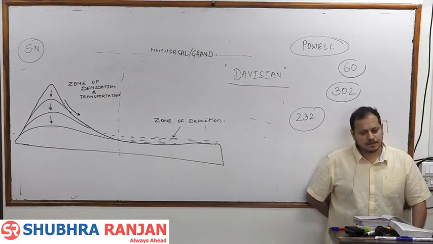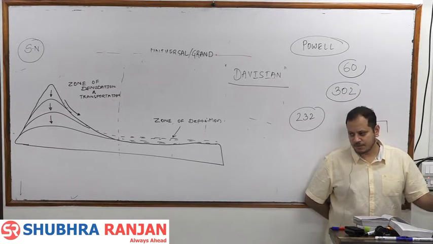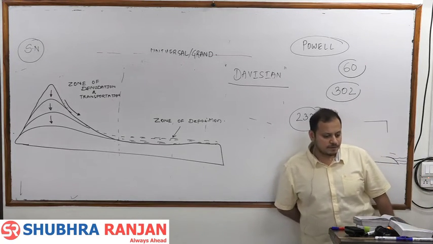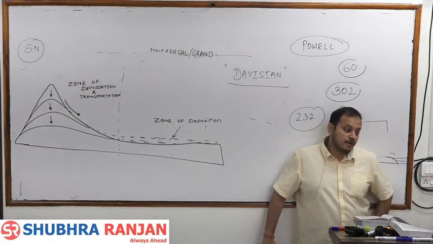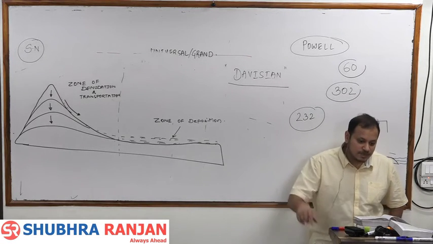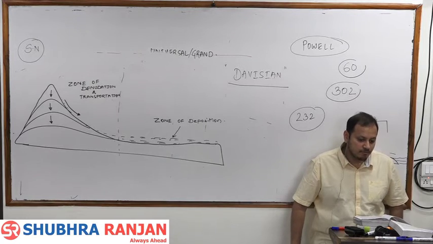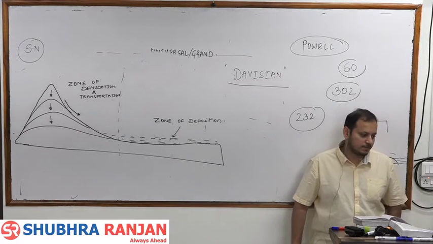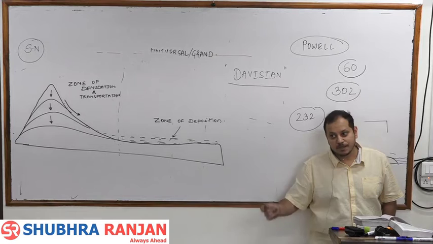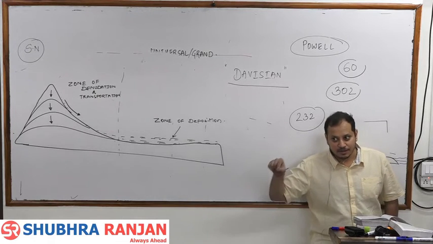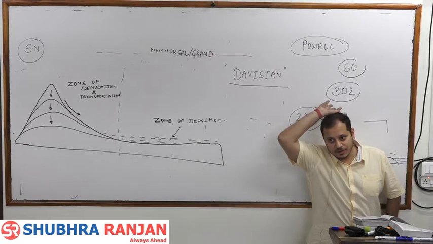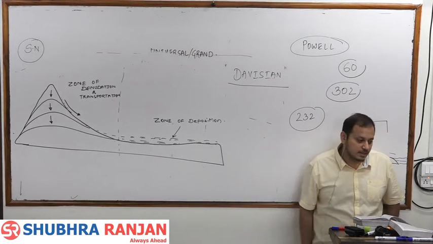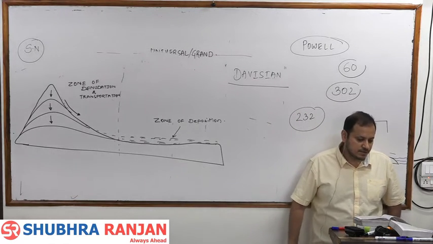Because everything comes under climate, vegetation, everything is determined by the climatic factors, which includes both present as well as past climatic conditions. Remember, the present is key to the past, not just today's climate. What the climate was 1 lakh years ago will also determine the present.